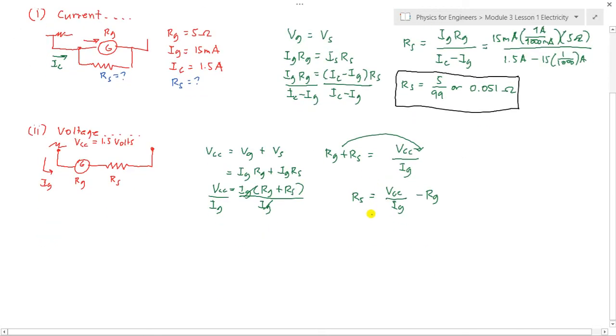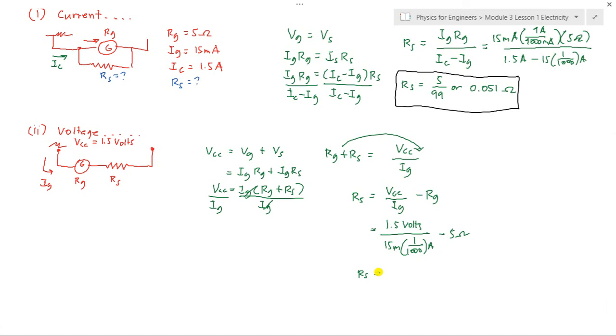So here, substituting the data, VCC is 1.5 volts, IG is 15 milliamps, so divide na po by 1000 para mahimong amps, minus RG here is 5 ohms. So therefore the shunt resistor should be 1.5 divided by 15 times 1 over 1000, minus 5. So the answer here is 95.